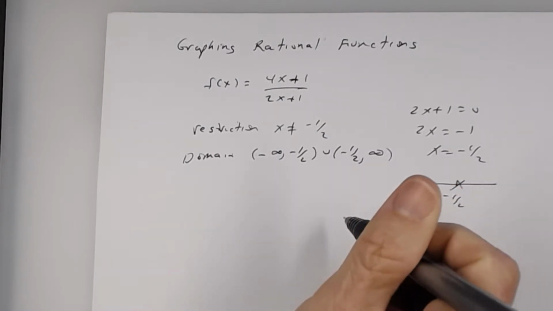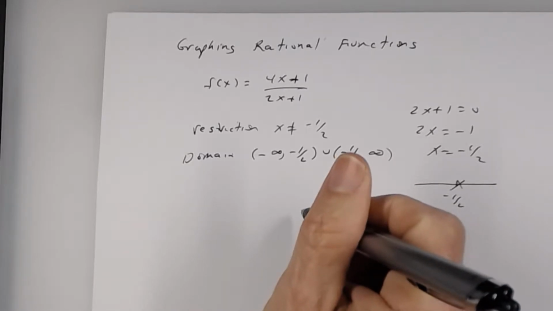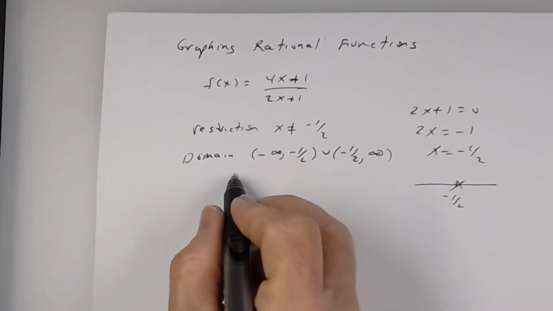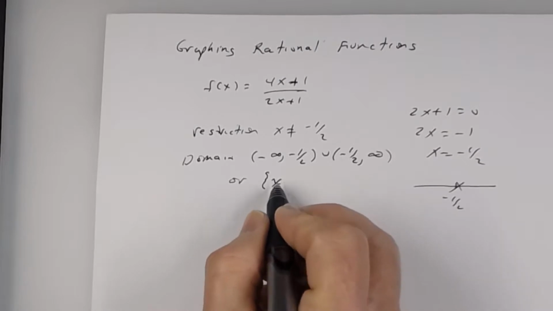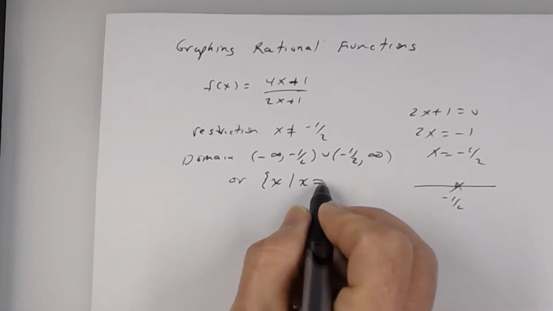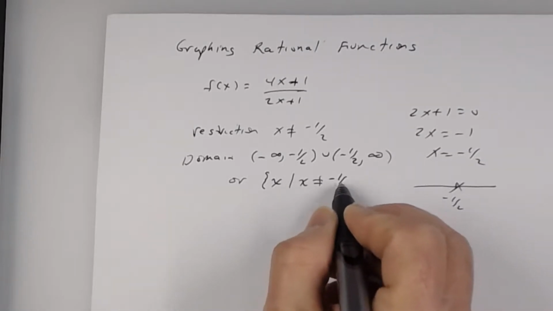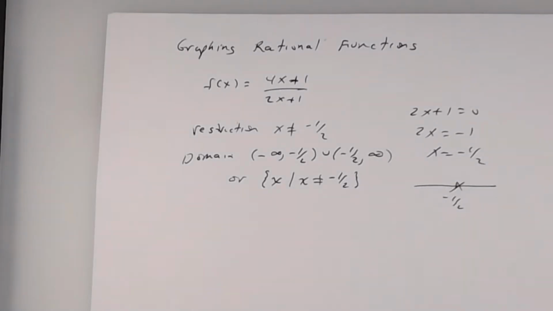Remember that? Another way you wrote the domain was like this. Or you could have said the set of x's such that x does not equal what? Negative 1/2. All right, so remember there were a couple of ways in which you could have written the domain. Now, the one in your worksheet, I also made you say the set of x's such that x is a real number and x does not equal negative 1/2.